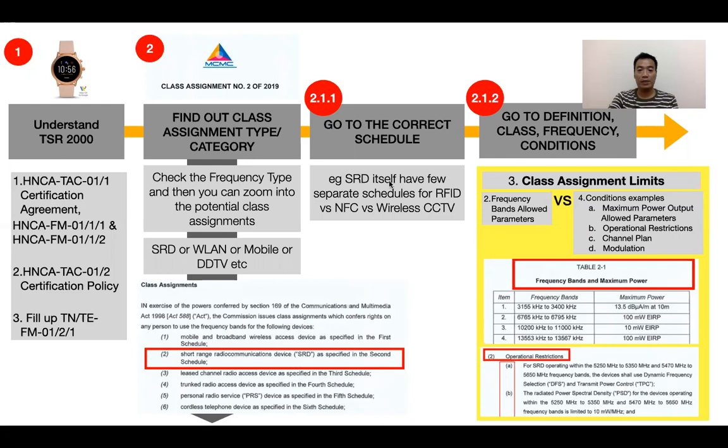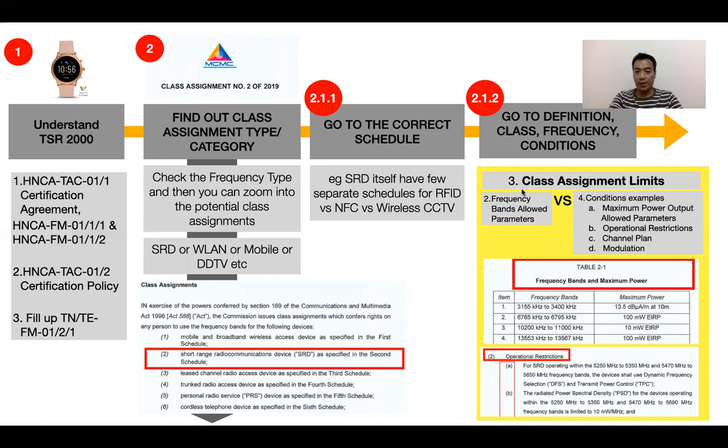For example, SRD, you have a few separate schedules which are different, like for RFID, for MSC, versus wireless CCTV. Okay, from there, once you find the correct schedule, go to the definition, the class itself, the frequency and conditions.